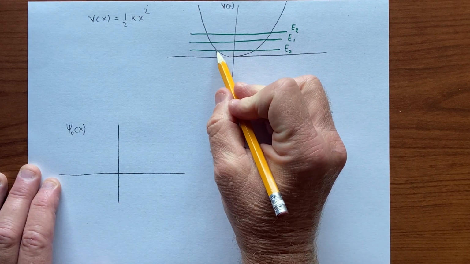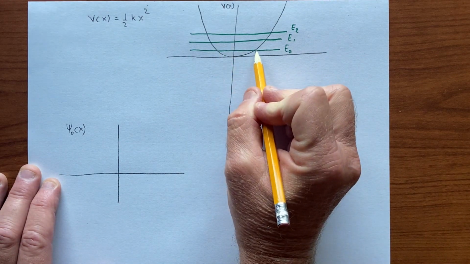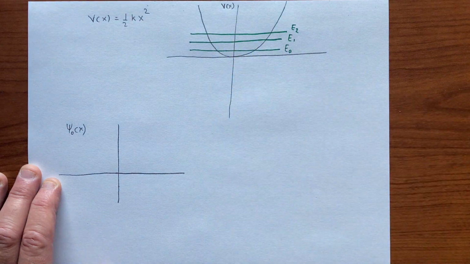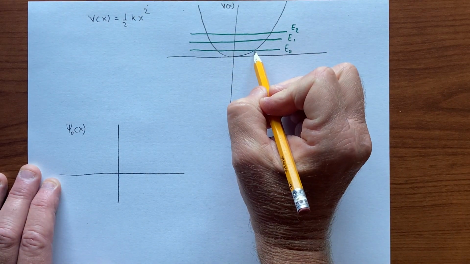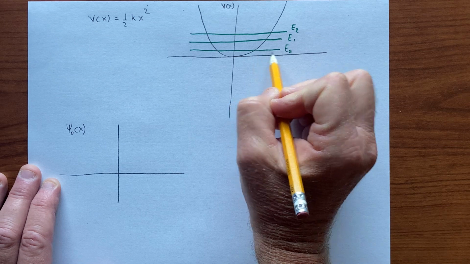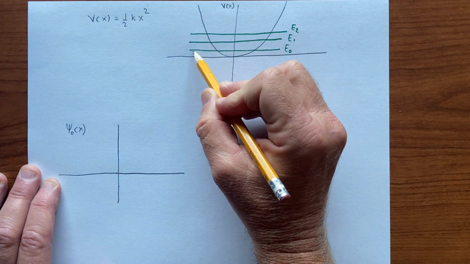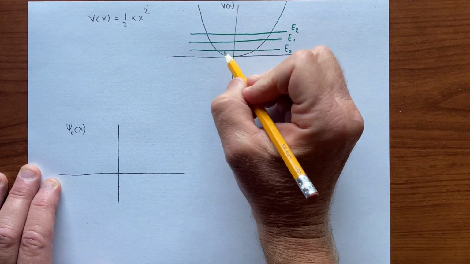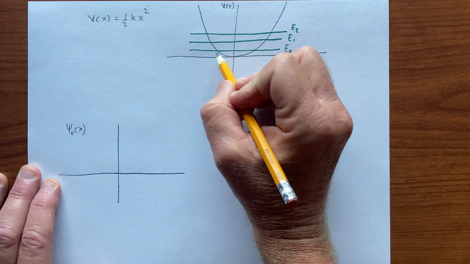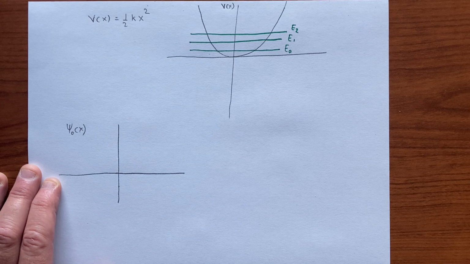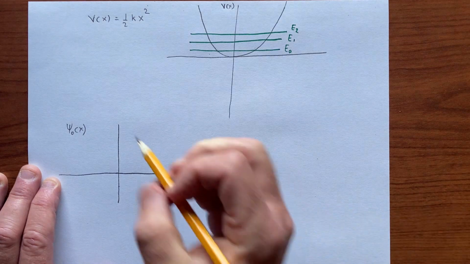Well, right here are the turning points. So the particle is not allowed classically to be out beyond this point here and to the left of this point. And we know that the bending of the function changes from here to there. So the ground state has no nodes, and it has to be an even function.